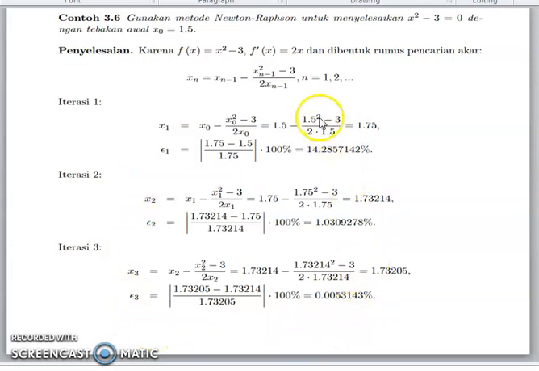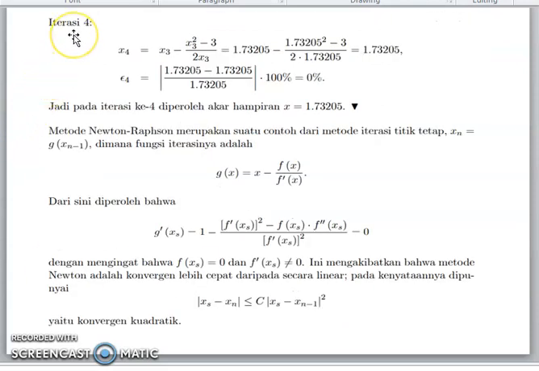Okay, and we see that by the third iteration we have a smaller error, only 0.005314%. And in the fourth iteration we have 0% error.